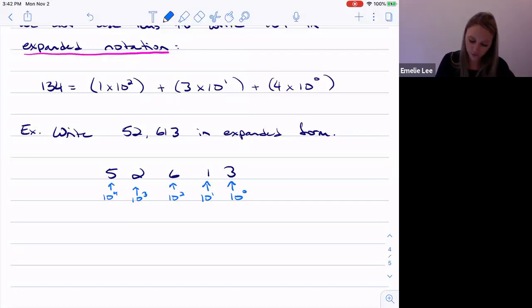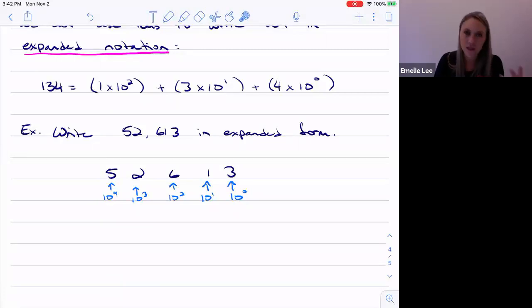Okay. So if you just write them out like this and start with your smallest number, or the ones, and start at 10 to the power of 0, 10 to the power of 1, then you can easily write this out.